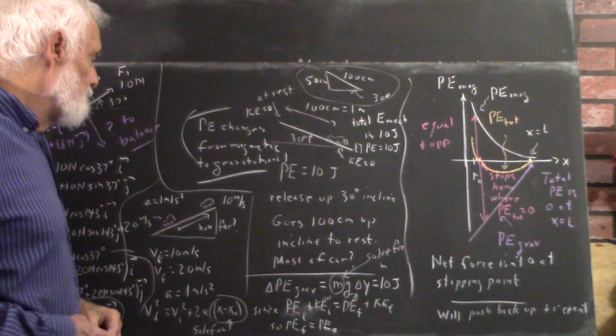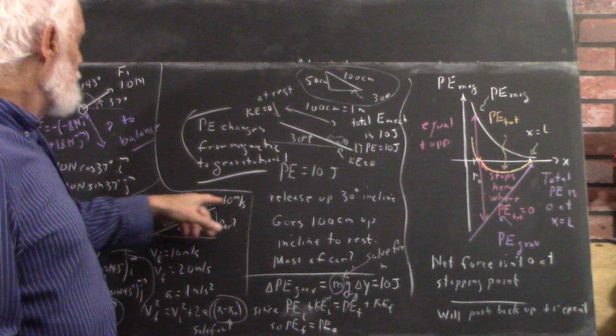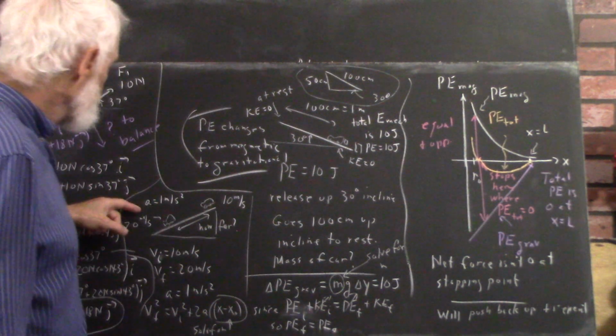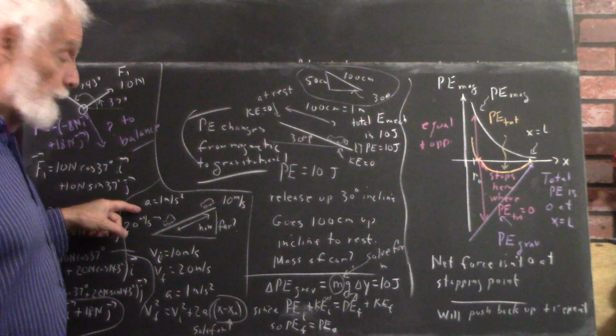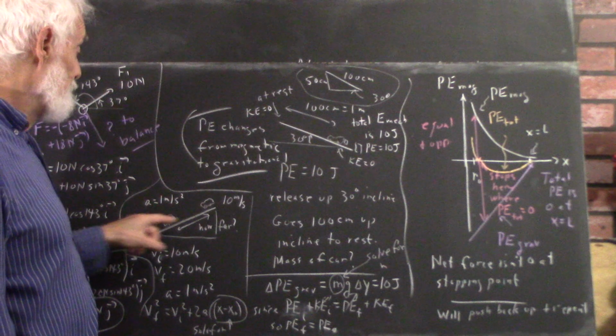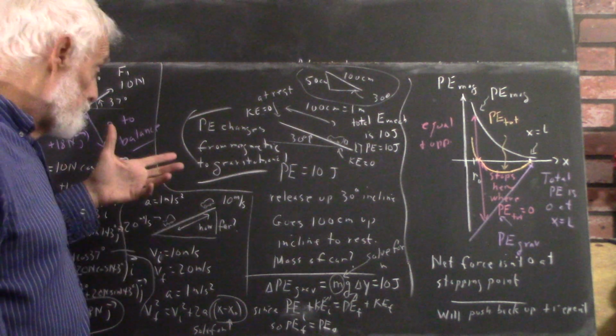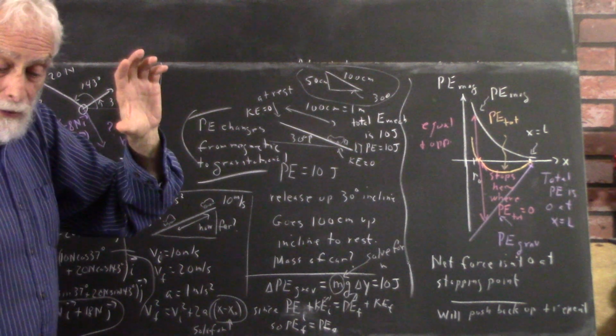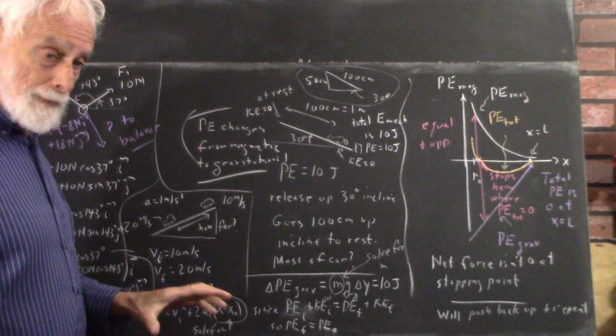Another question: you start at the top of an incline at 10 meters per second, accelerate along the incline at 1 meter per second squared, and end up at 20 meters per second. How far did you go? Well, we've been doing a lot of things with energy conservation.